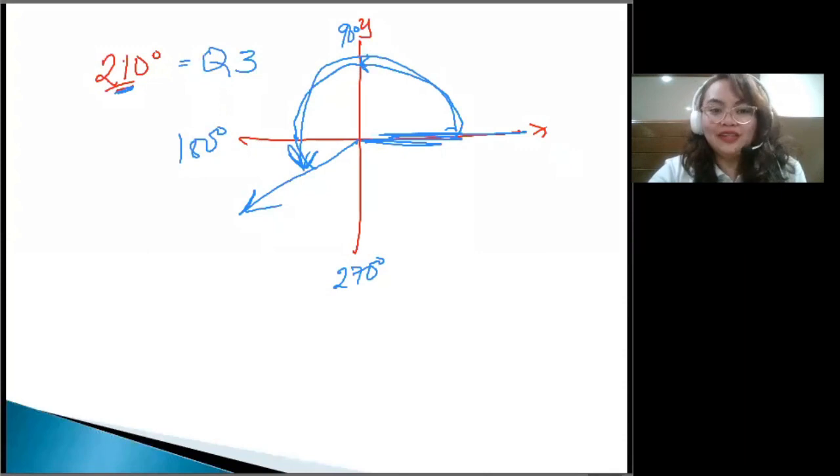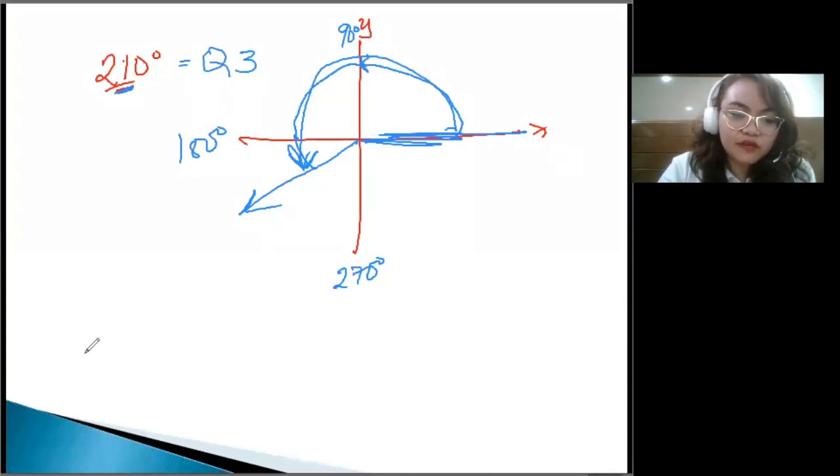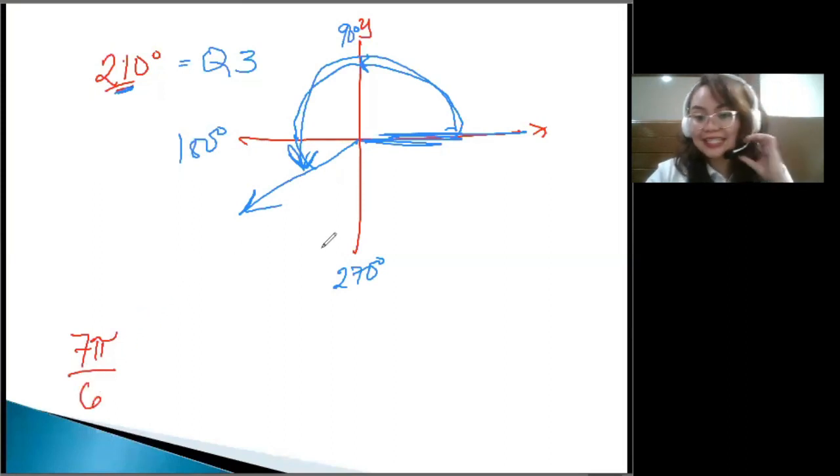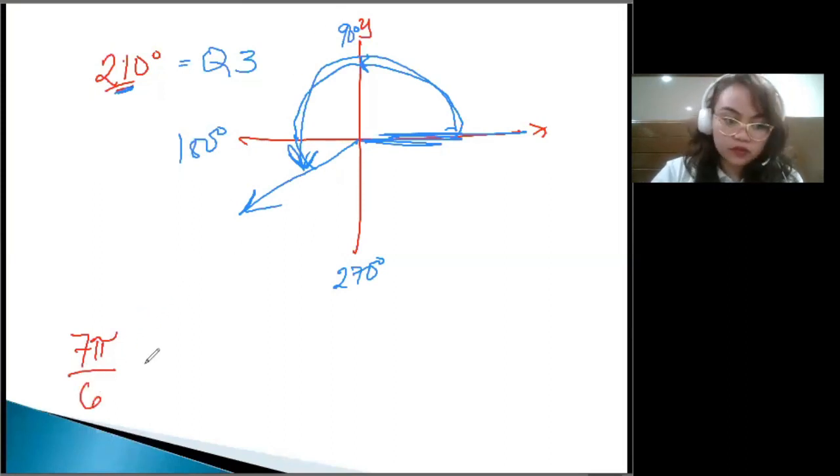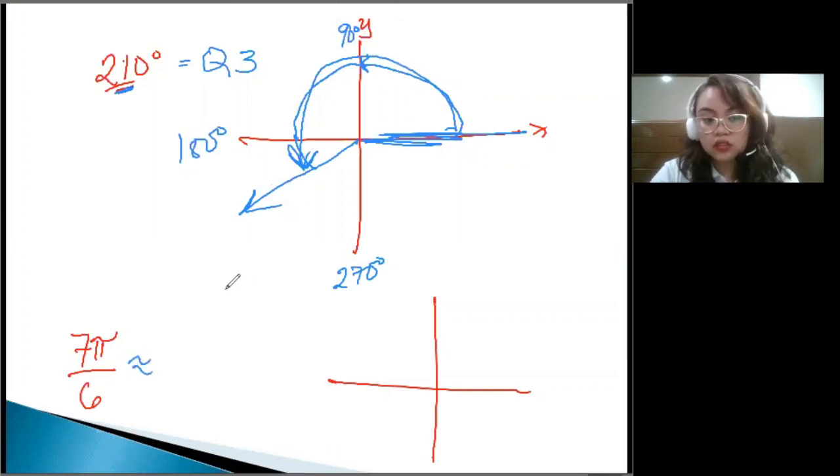All right, another example. What if we have 7 pi over 6? It is in radian. So if it's in radian, then I suggest you first convert your value to degree. If you convert it, 7 pi over 6 times 180, it's also 210, diba?